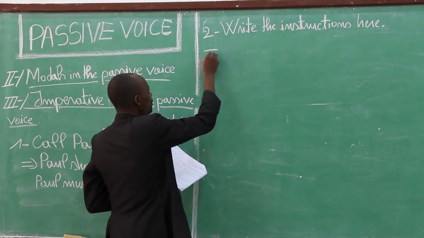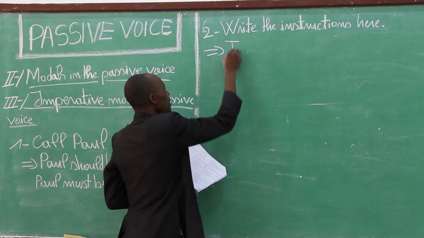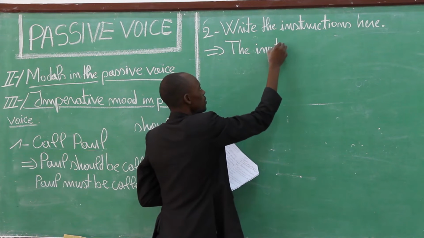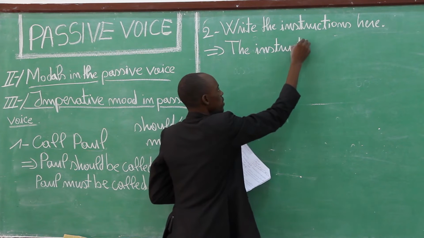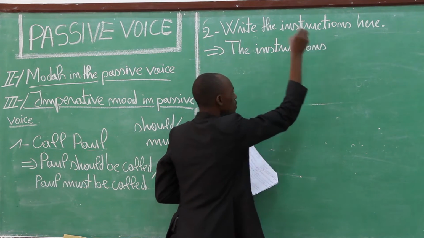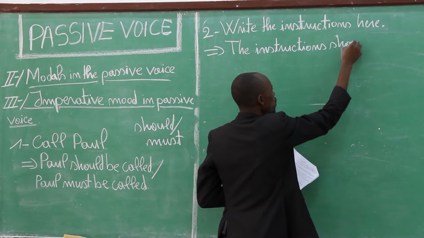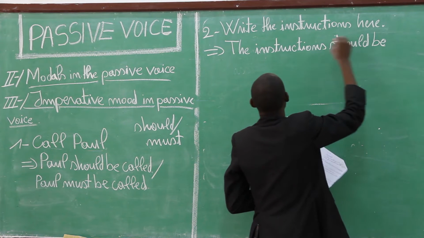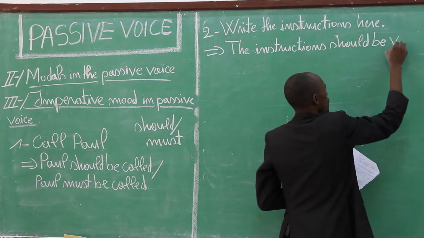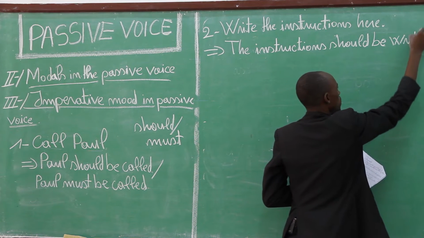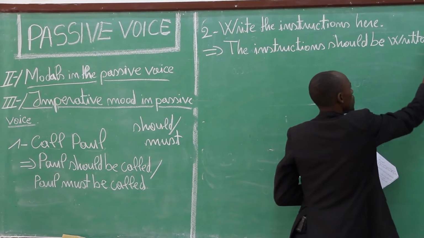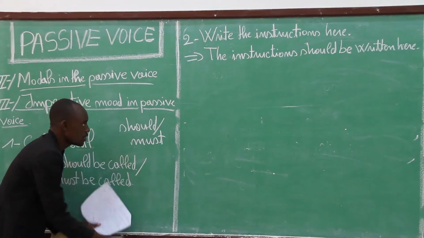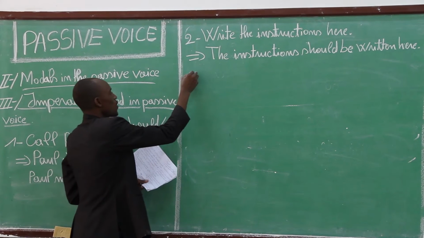And here we have the instructions should be, with the past participle written here. The instruction should be written. Now let's conclude.